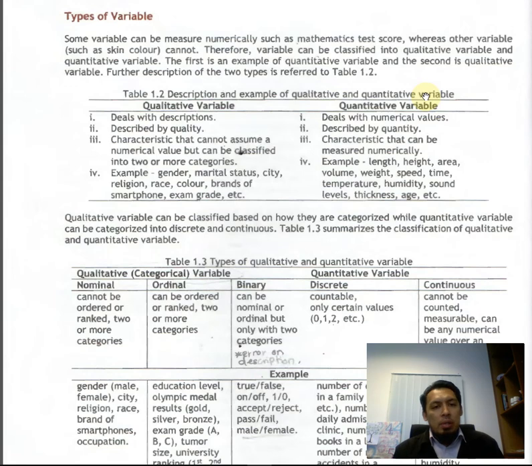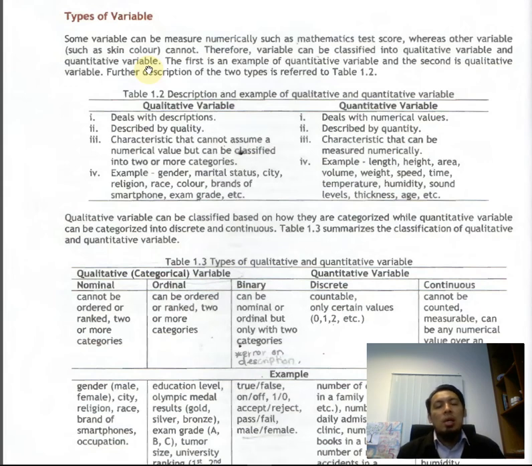Some of the variables can be measured numerically, such as mathematics score, and some other variables can't. For example here, skin color, or we can also have gender and so on. Therefore, we can classify this kind of information into two, which is qualitative variable and quantitative variable. A quantitative variable is any variable that has data that can be quantified.